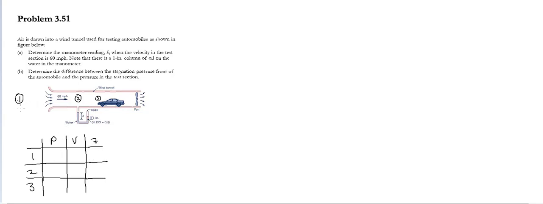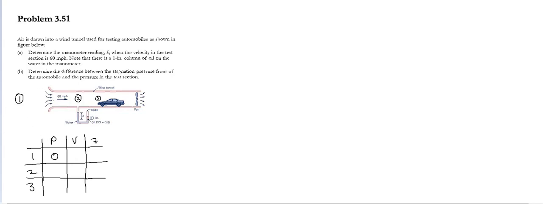So the pressure at point 1, we take it that is far away, so it's going to be atmospheric pressure. The pressure at point 2 is one of the things that we need to find out. Same thing as point 3. The velocity at point 1, we assume it to be 0. It's not moving.